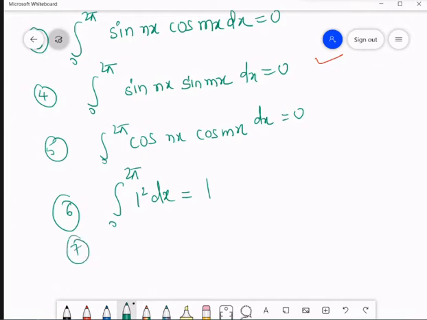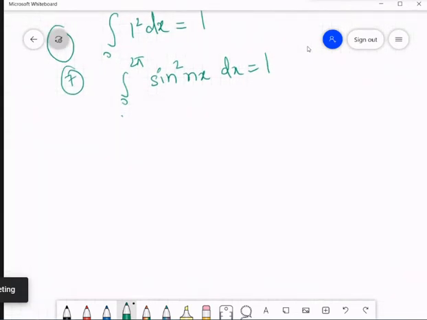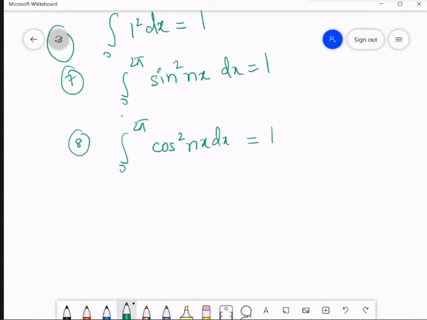Seventh one, integral 0 to 2 pi sine square nx dx, whether this is equal to 1, and the eighth one, that is integral 0 to 2 pi cos square nx dx, whether this is equal to 1 or not. So now we have to check these 8 values.